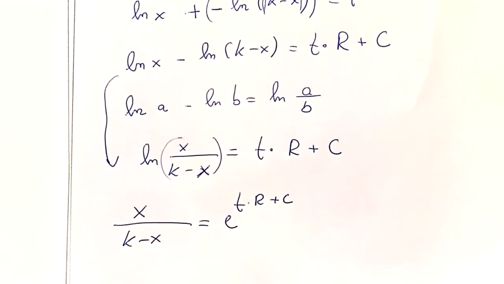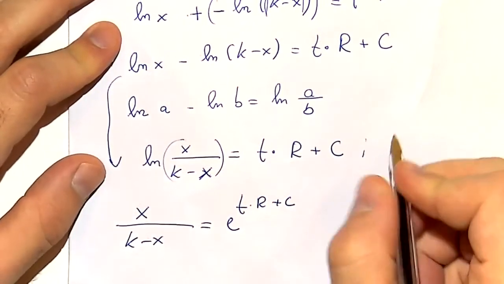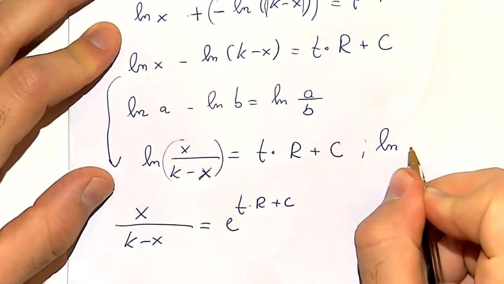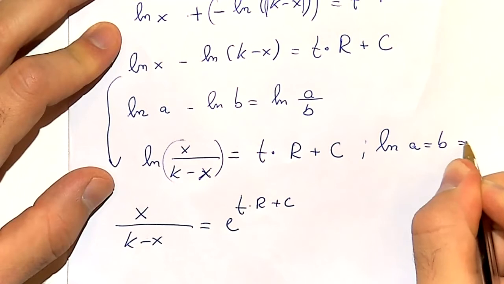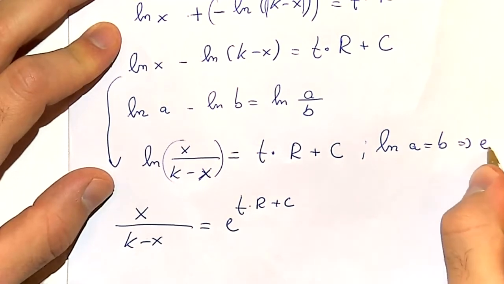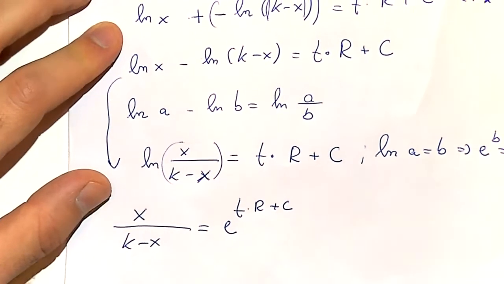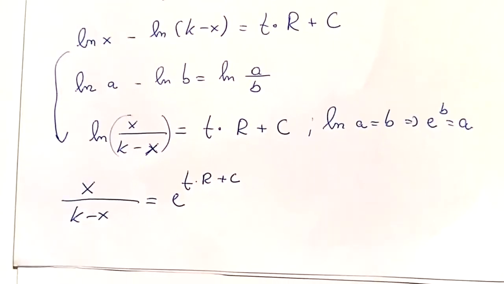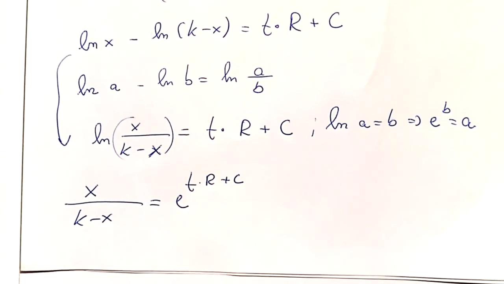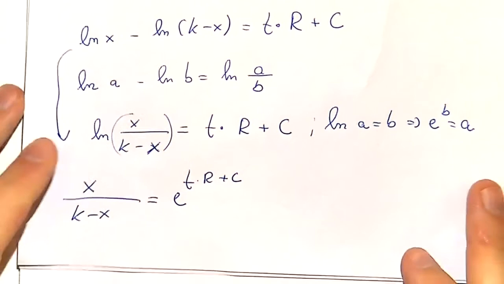Again, the only formula I used here is, if log of a is equal to b, then e to the power of b gives me a. Okay, this is again the definition of taking a log, I guess. Okay, so I got this. And now I just gotta get the x out of here. Okay, it's literally all I have left to do.